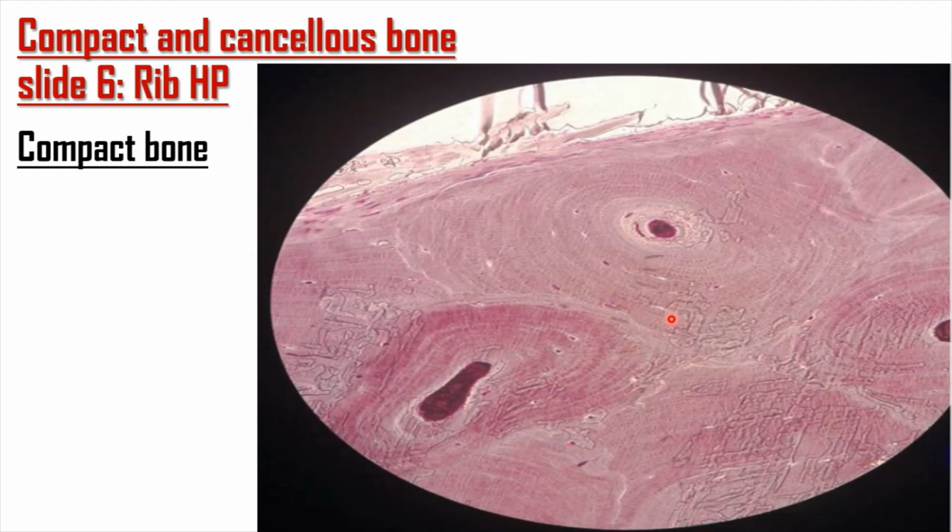These are called lacunae. The lacunae have cells in there that are called osteocytes. The osteocytes are the mature osteoblasts. After the osteoblasts deposit bone matrix, which is called osteoid, and the osteoid is calcified, they mature into osteocytes.